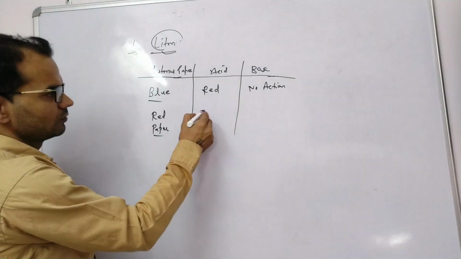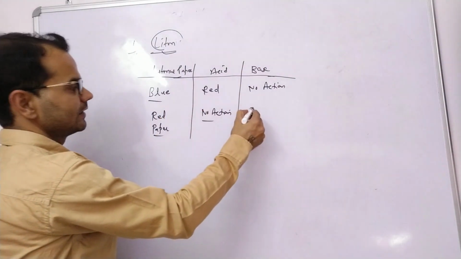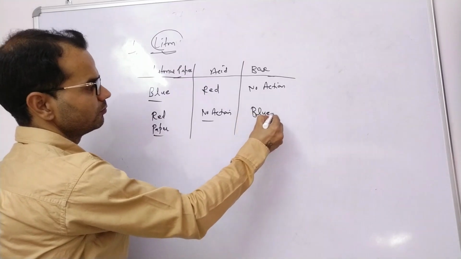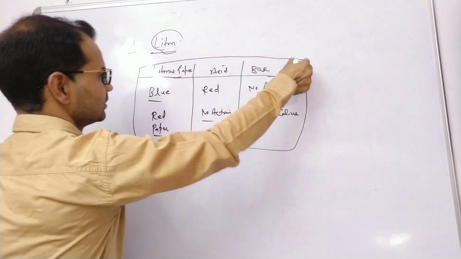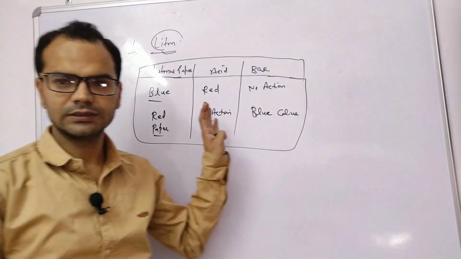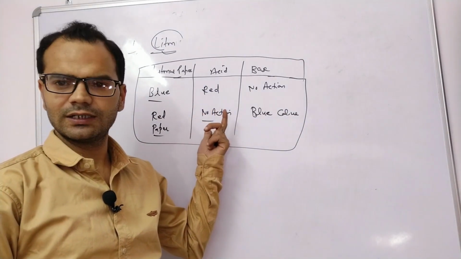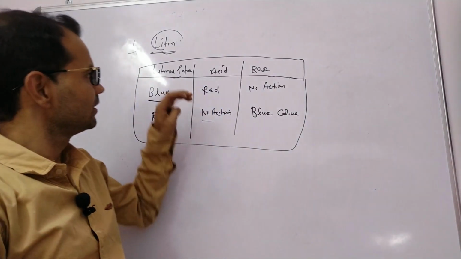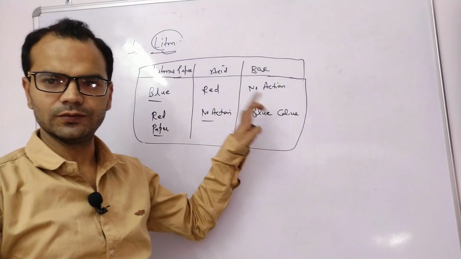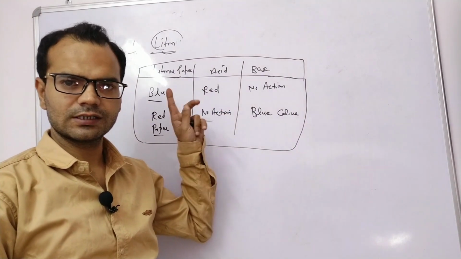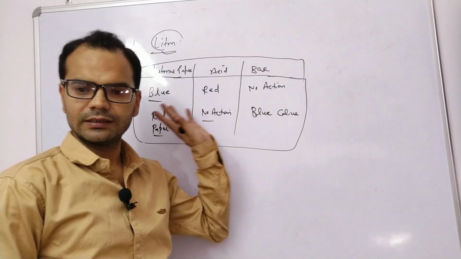What will acid do? No action, no change in color. And what will base do? It will change red litmus paper to blue color. This is the conclusion. Easy. Even in 6th, 7th, 8th or 9th standard you have noticed that acid converts blue litmus to red, base converts red litmus to blue. Clear? This is the first natural indicator, litmus, extracted from lichen.